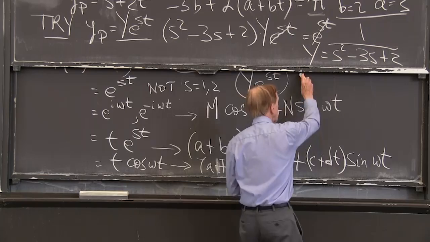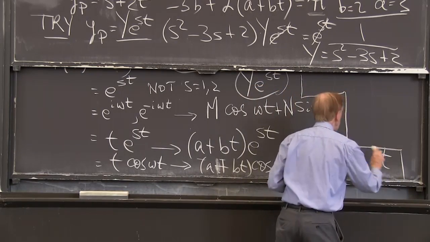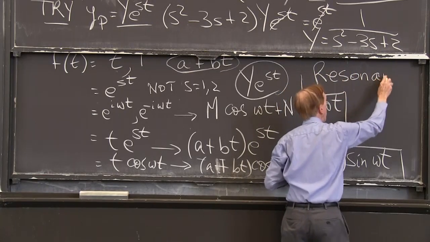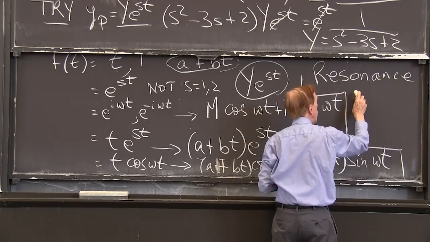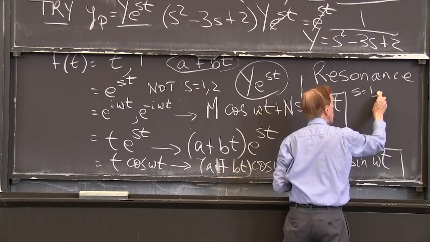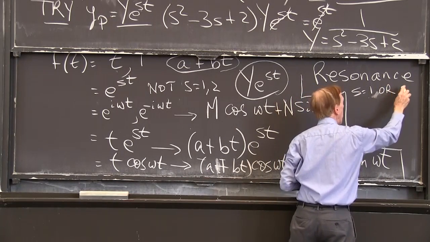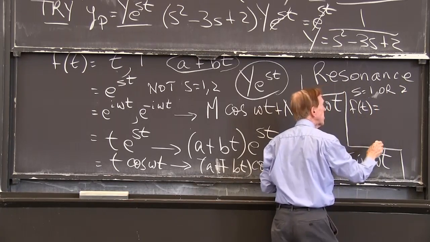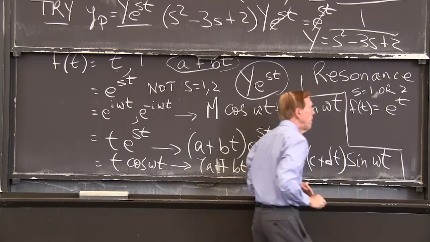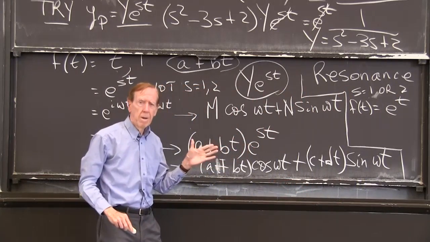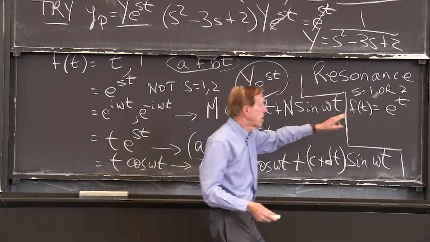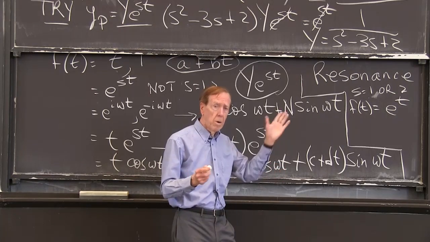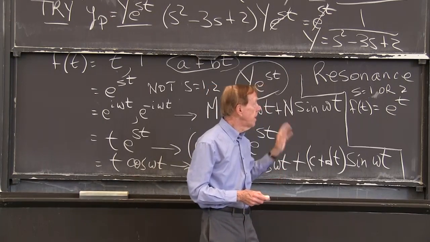So with resonance, can I just finally complete the whole story? Resonance, in this example, s equal 1 or 2, what would I do with f of t equals e to the t? If that was the right-hand side, that would give me resonance. It's got the exponent s equal 1, which is also in the null solution, e to the t.